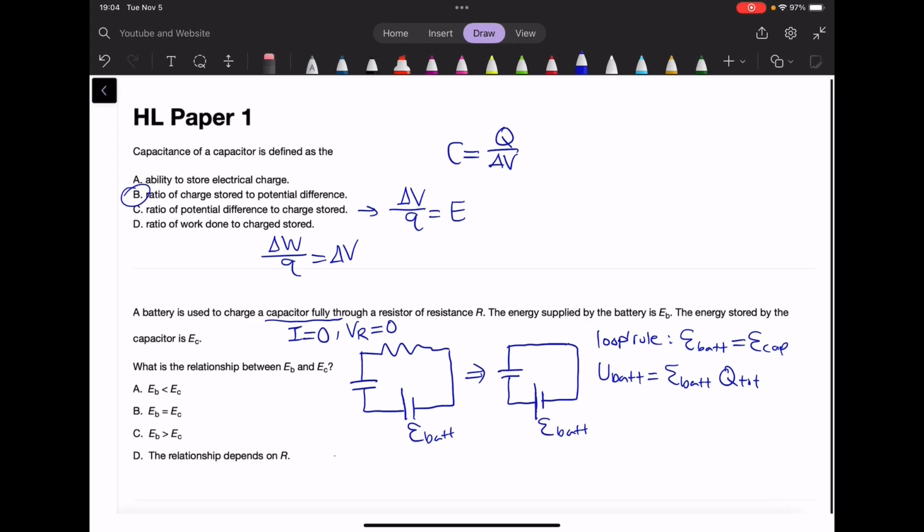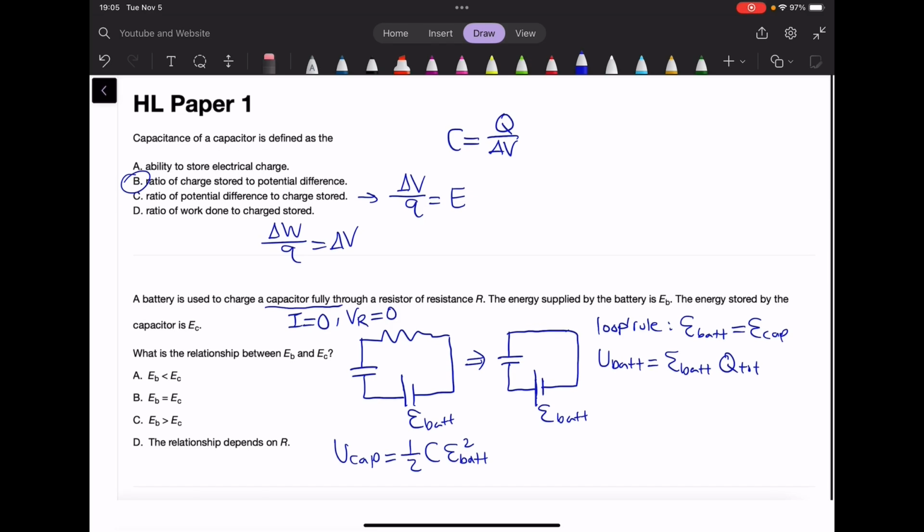The energy stored by the capacitor is equal to a half multiplied by capacitance multiplied by the square of the potential difference across the capacitor. And because the potential difference of the capacitor is equal to the potential difference of the battery, the equation becomes a half multiplied by C multiplied by the voltage of battery squared.